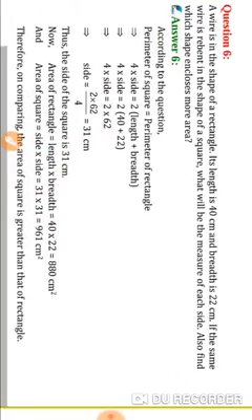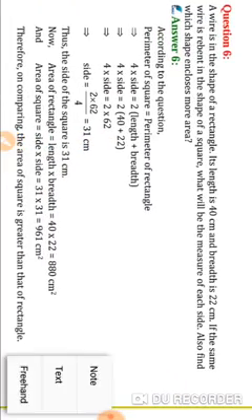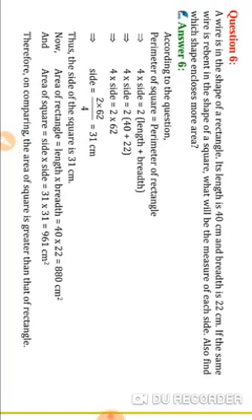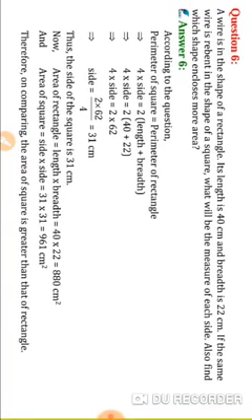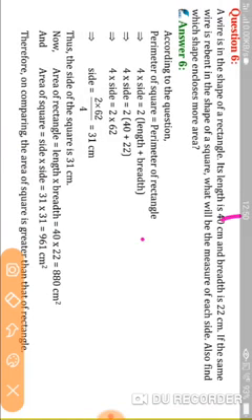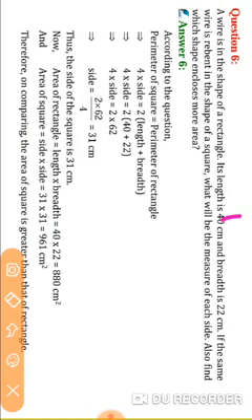Then go for the sixth one. A wire is in the shape of a rectangle. Its length is 40 and breadth is 22. If the same wire is rebent in the shape of a square, what will be the measure of each side?